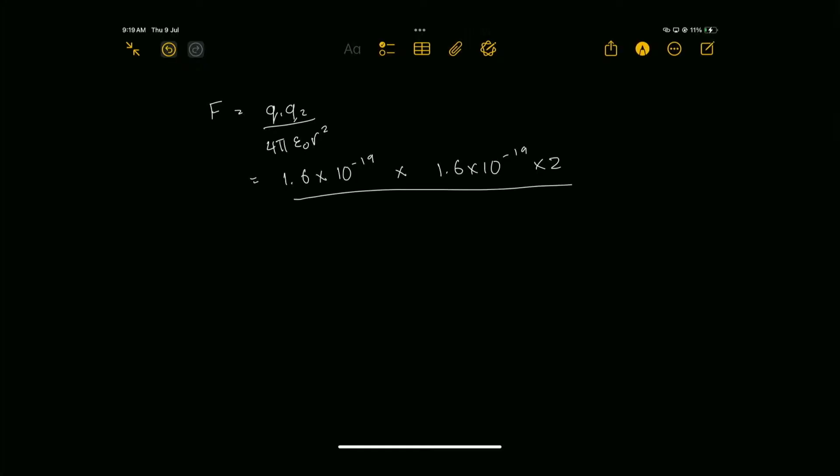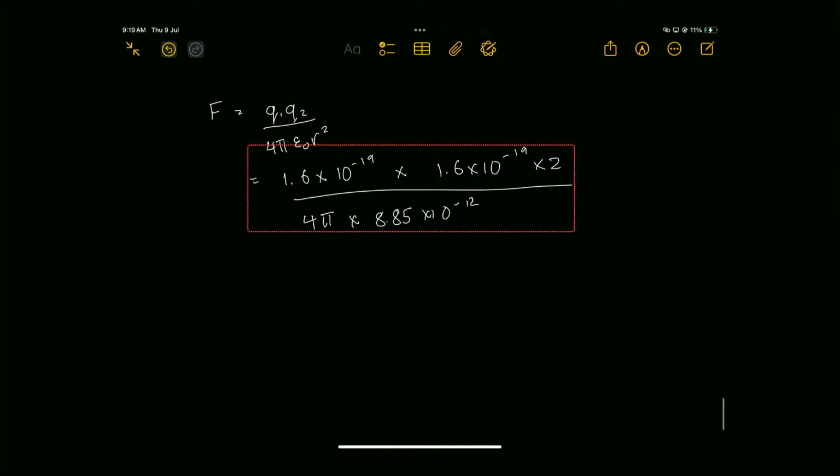And then we divide by 4 pi times 8.85 by 10 to the negative 12, times r squared, which is 3 by 10 to the negative 11 squared.